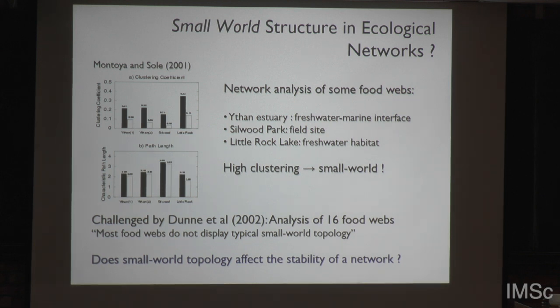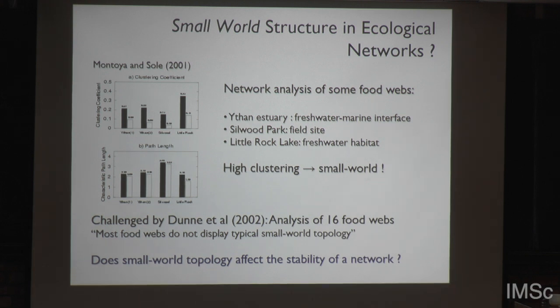Okay. But as with everything that you get from the real world, things are not quite as clear-cut as it seems. So it was challenged the very next year by work done by Neo Martinez's group, where they analyzed a much larger set of food webs and said that, look, there is not that much evidence that in general food webs display any small world topology.